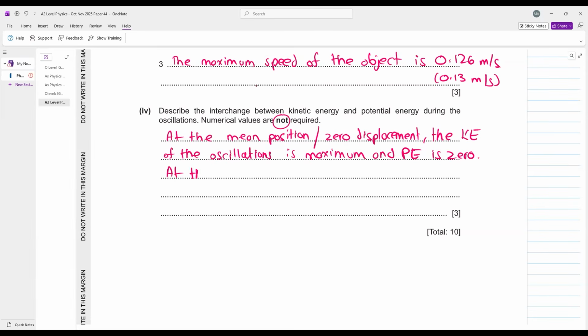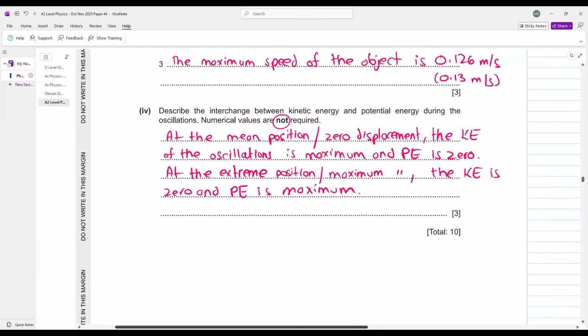However, at the extreme position, that is maximum displacement, the kinetic energy is zero and potential energy is maximum.